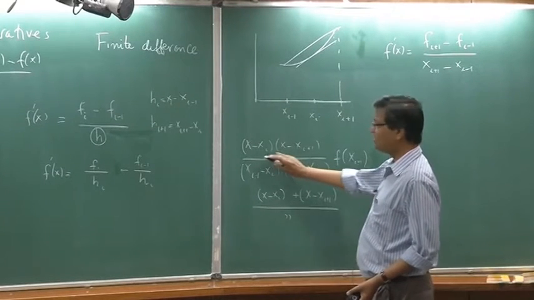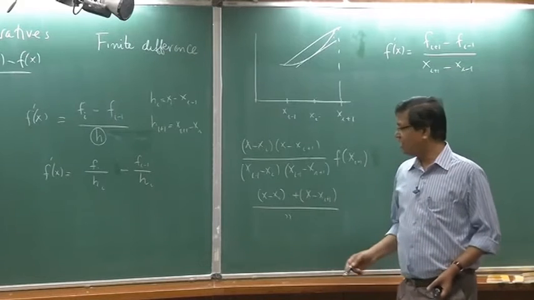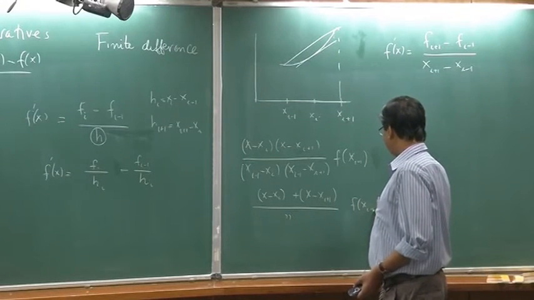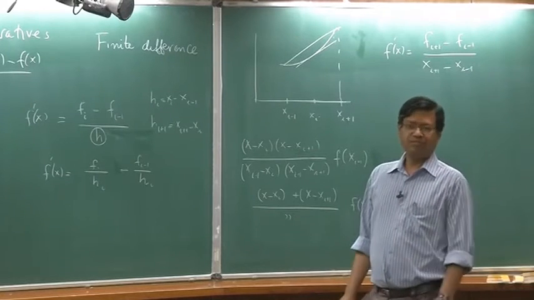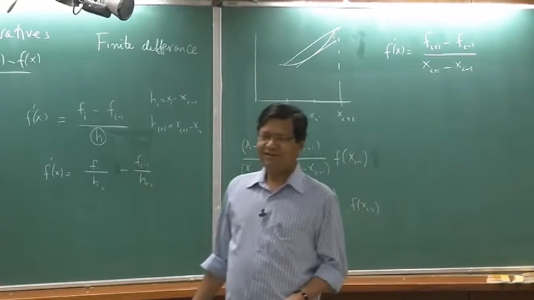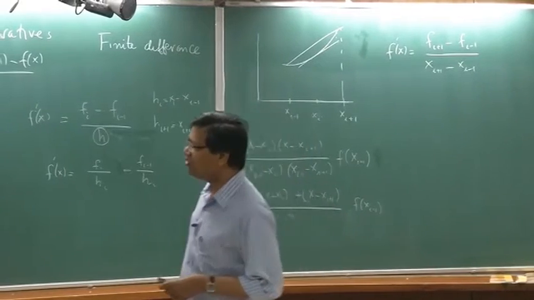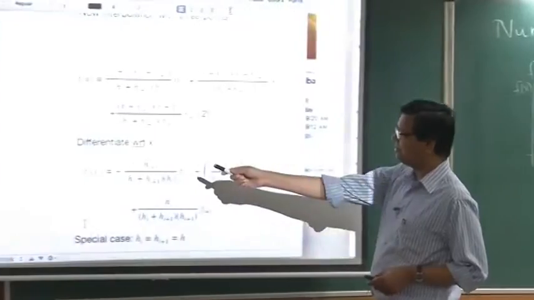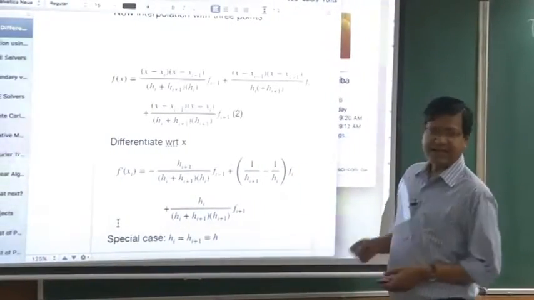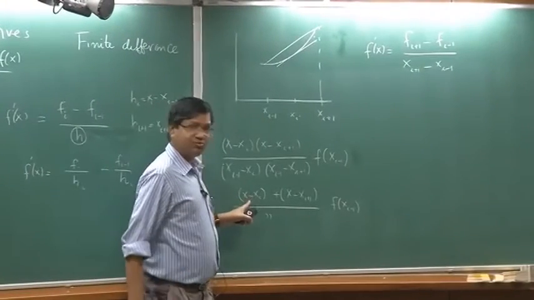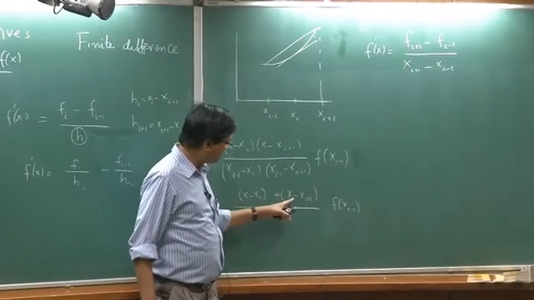So, this is what I will get as the first term. I will not write more terms, but now I have to substitute one of the 3 points. I want to compute the derivative, this prime is derivative, at xi. So, put x equal to xi. You put x equal to xi, this goes to 0, only this survives.